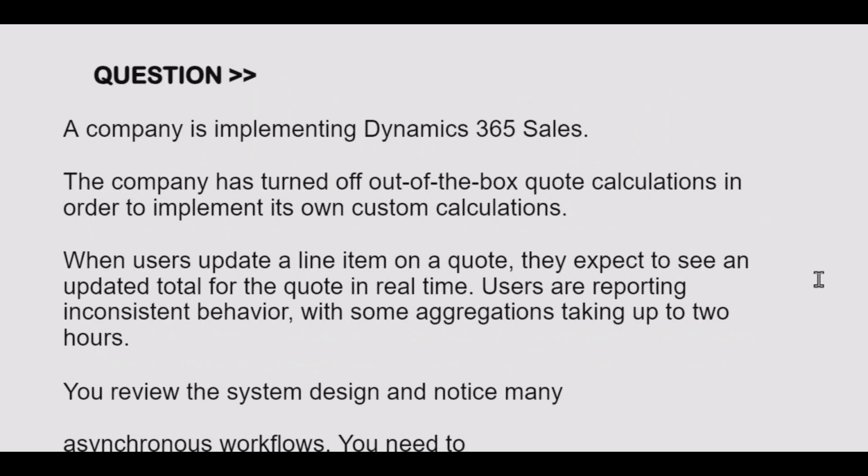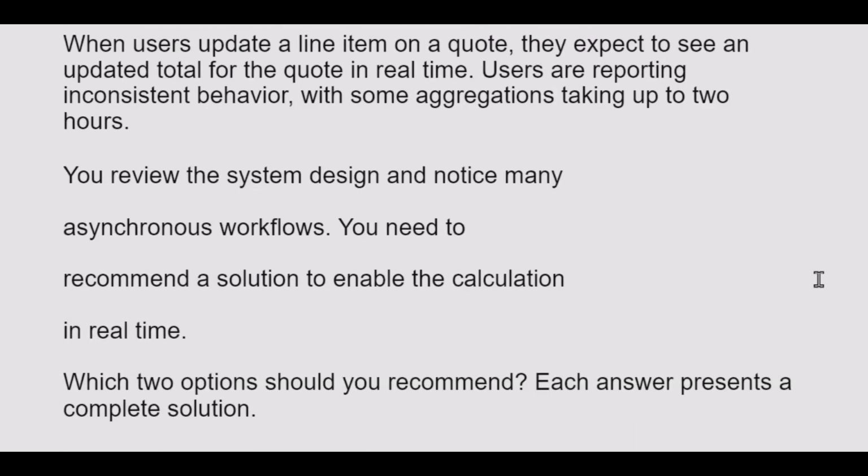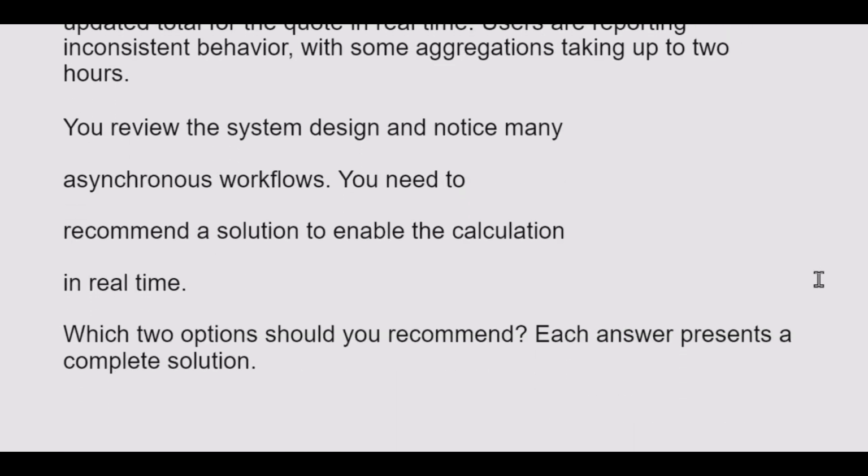Users are reporting inconsistent behavior, with some aggregations taking up to 2 hours. You review the system design and notice many asynchronous workflows. You need to recommend a solution to enable the calculation in real time. Which two options should you recommend? Each answer presents a complete solution.